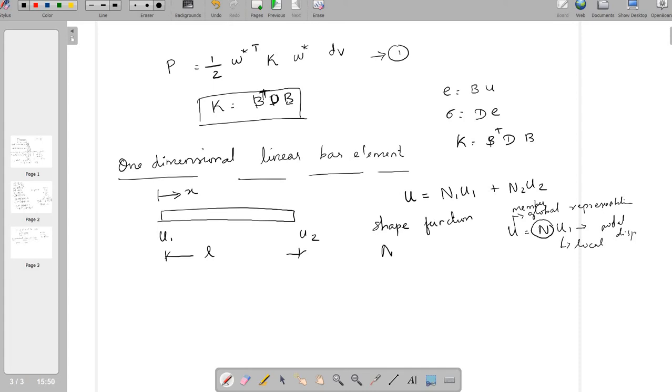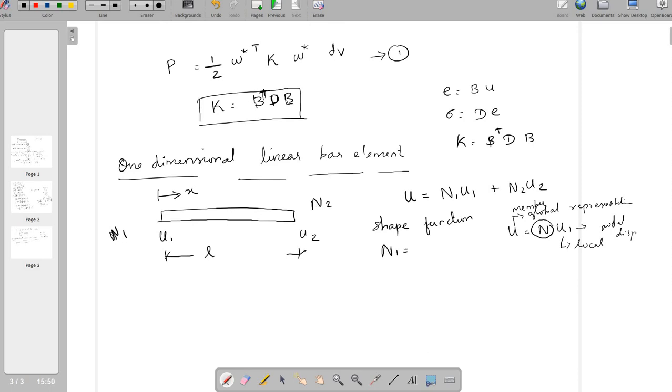This is a very important term in finite element. The shape function relates the member displacement with the nodal displacement, or otherwise the global displacement to the local displacement. So how can we form the shape function? At node 1 there will be a shape function N1, at node 2 there will be a shape function N2.